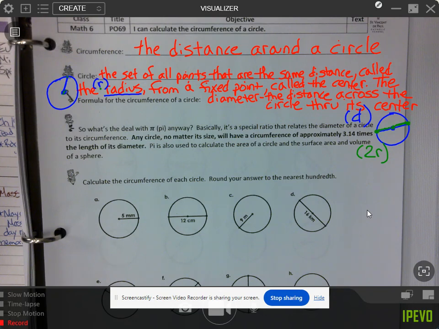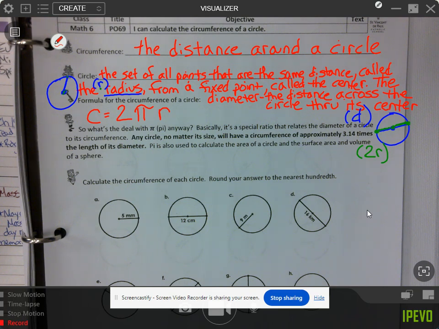So today we're just going to focus on the circumference. So we need to know the formula to find the circumference of a circle. So circumference, we call it C, because circumference starts with the C. Circumference equals 2 times pi times our radius.